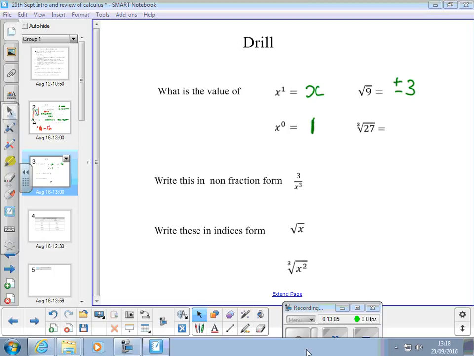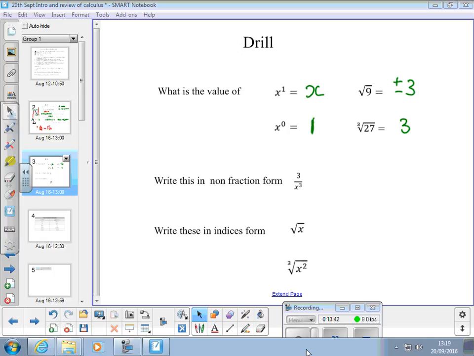It's not plus or minus 3, is it? Because that's what is the number multiplied by itself twice that makes 27. So if you had a negative 3, you'd multiply it by minus 3 to end up with a positive, and then multiply it by minus 3 again, you'd end up with negative. So it's not plus and minus for odd values of root. Okay?